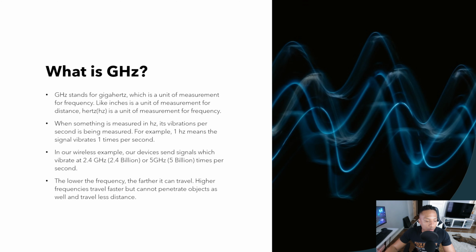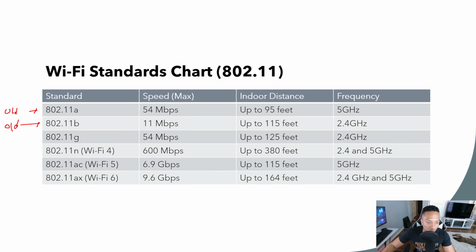The higher frequencies do travel faster, but they cannot penetrate objects as well. They also travel less distance. Higher frequencies have a problem with being absorbed into, like, the wall and different objects, stuff like that. That is why they came out with 802.11b to pretty much get rid of that problem.